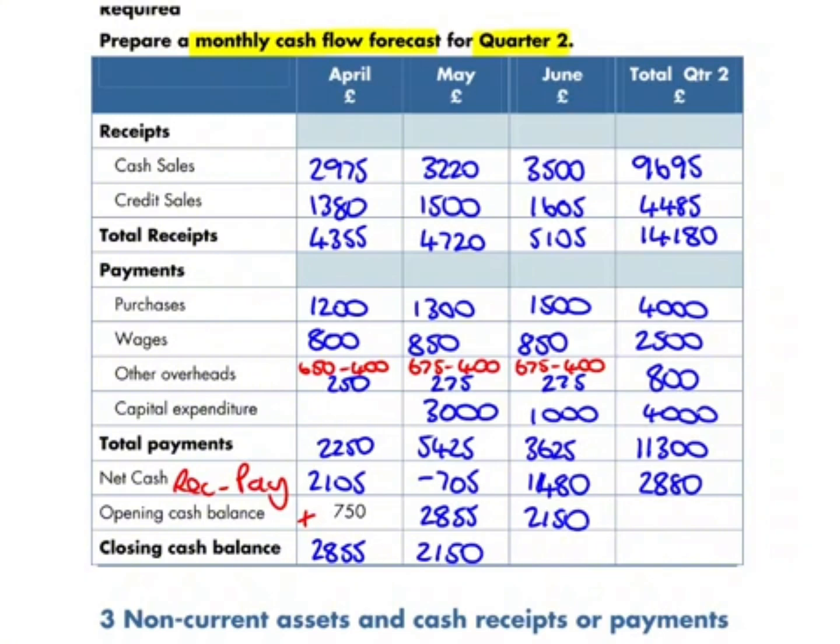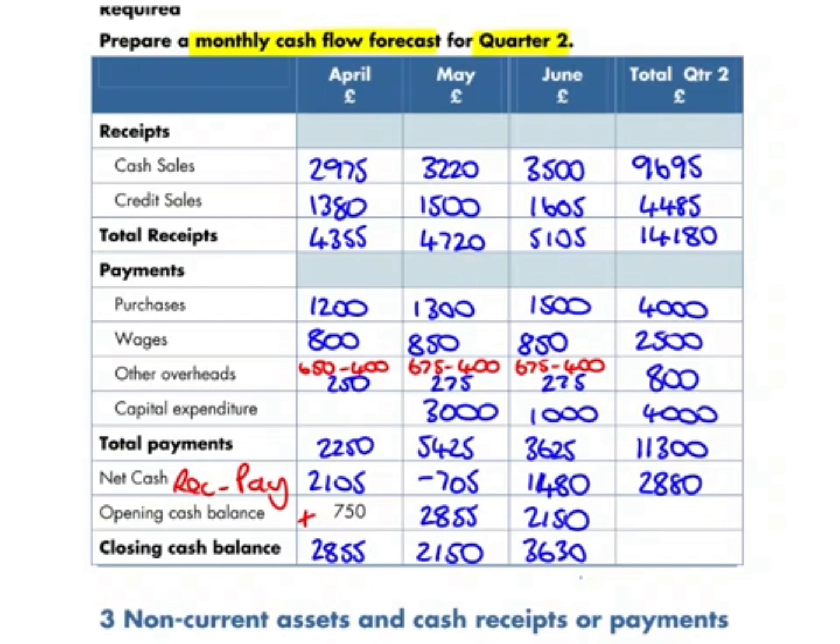If we then add on the positive net cash movement of £1,480 to the positive opening cash balance of £2,150, we end up with a cash balance at the end of June of £3,630. We can reconcile that by working out whether the total for the quarter gives the same closing balance.